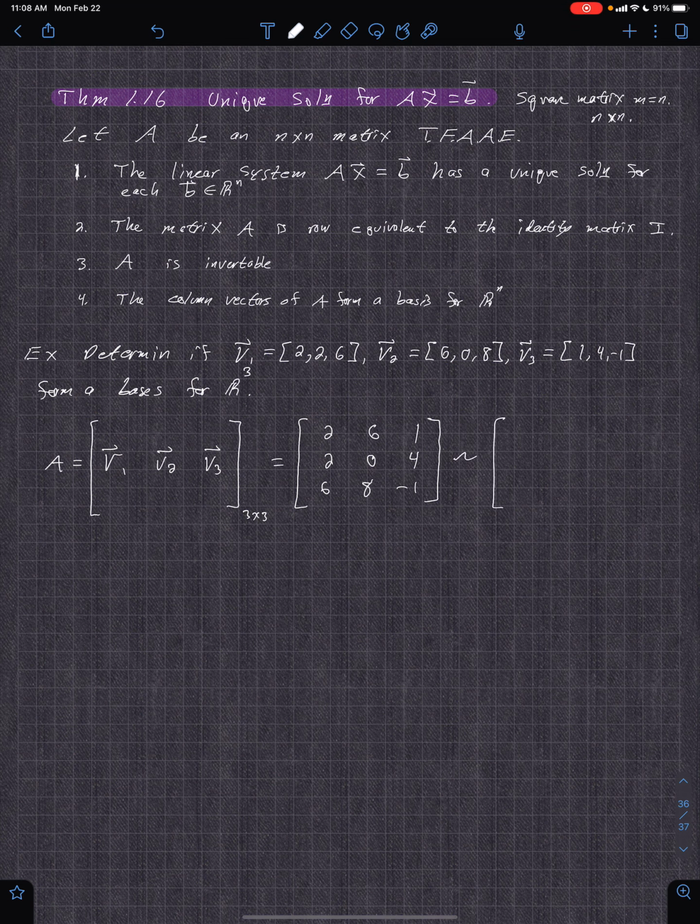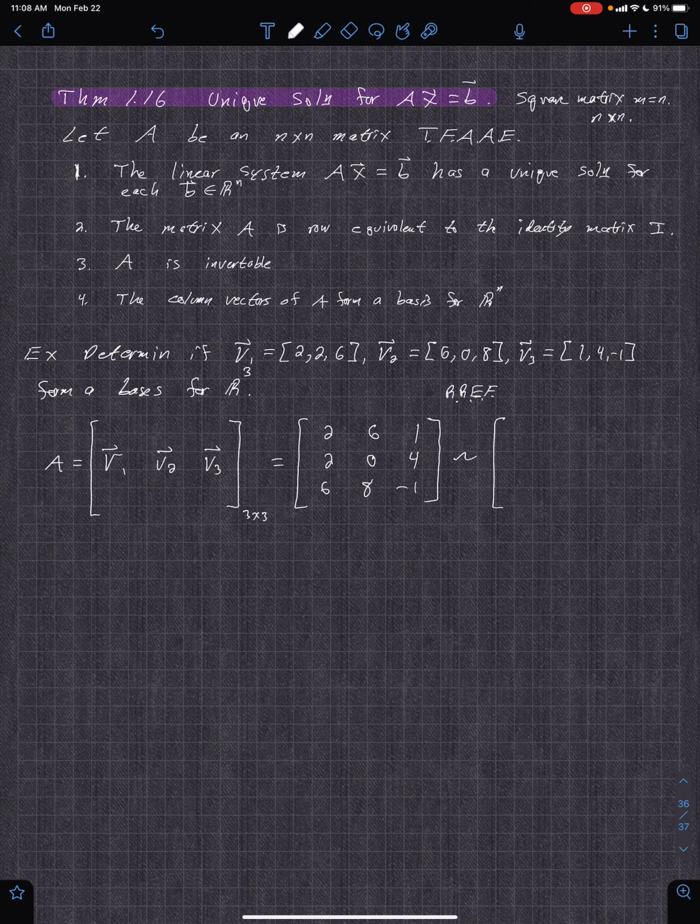If you get the identity matrix, then you can apply this theorem, right? So does it form a basis? You check to see if it's the identity matrix after you do your reduced row echelon form. If I ask you to do it by hand, then do it by hand, but if not, just use a calculator.